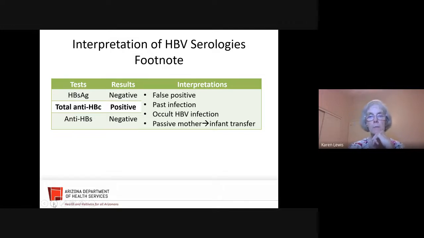One could be that there's a past infection and the surface antibodies have just waned over time. One could be that there is an occult hepatitis B infection. And the final one is if it's a young infant, there could have been passive transfer from a previously infected or a currently infected mother, and so the child picked up her core antibodies.